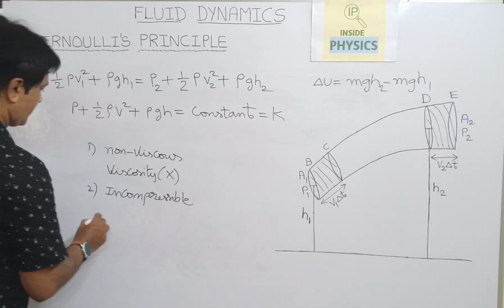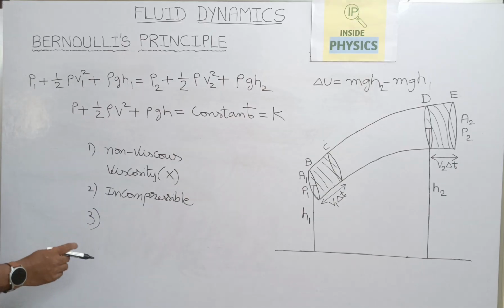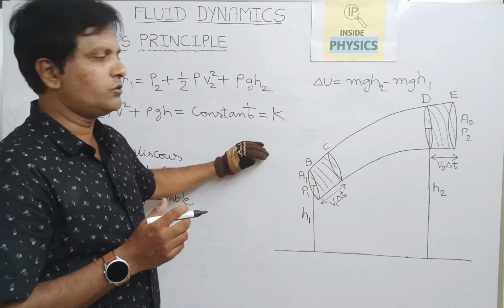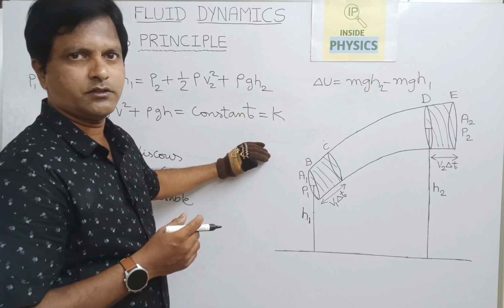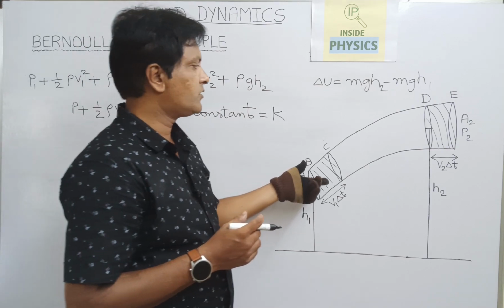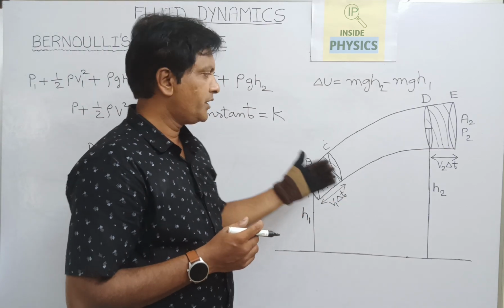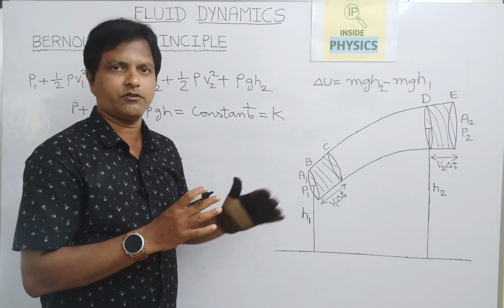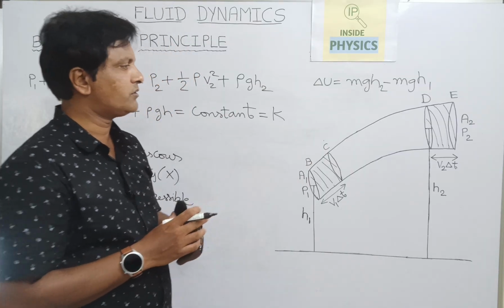Okay. The third one: we cannot apply the Bernoulli principle to turbulent flows. Turbulent means it is a non-steady flow. We can only apply the Bernoulli principle to steady flows or streamlined flows. Why?